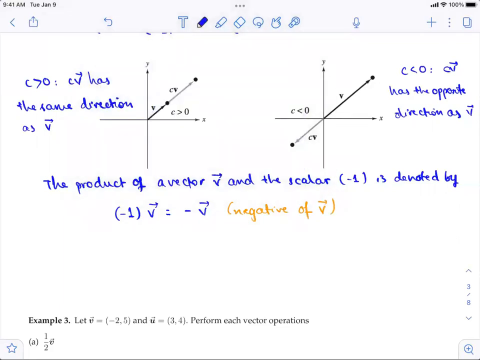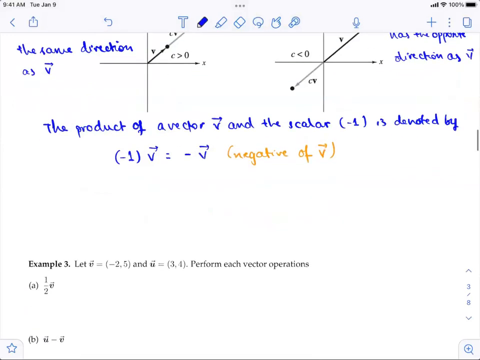With this kind of definition, not really defined earlier, this is the first time you see a negative of a vector, right? It's just that you have the original vector v. The negative v means that you turn the original vector into the opposite direction. They have the opposite directions, but they have the same length.